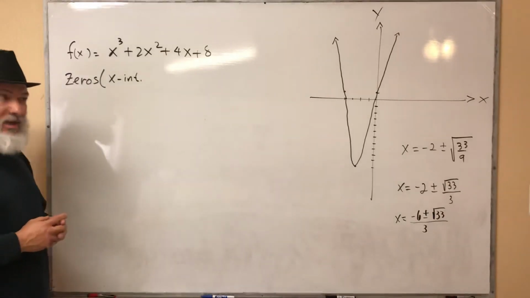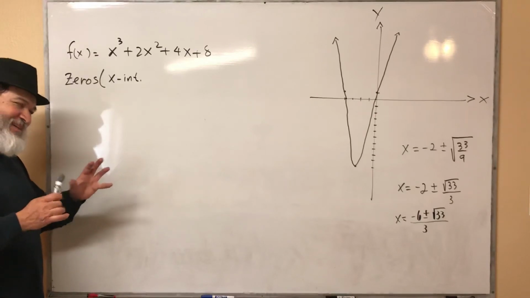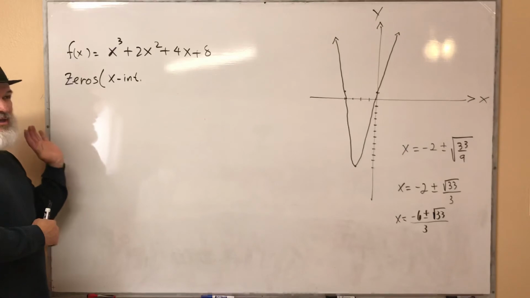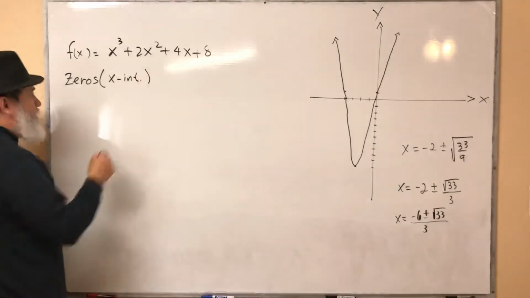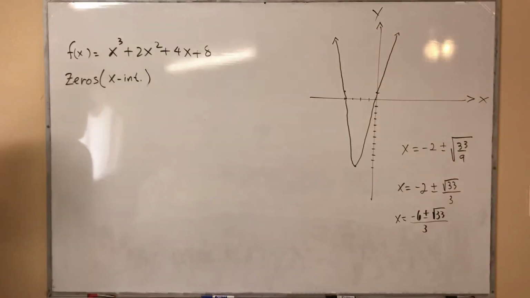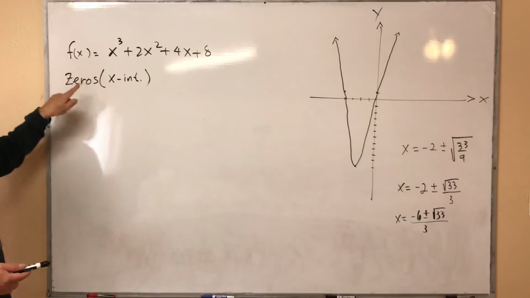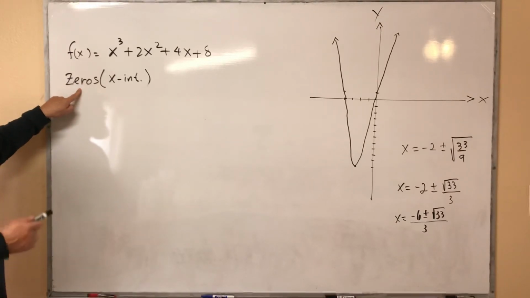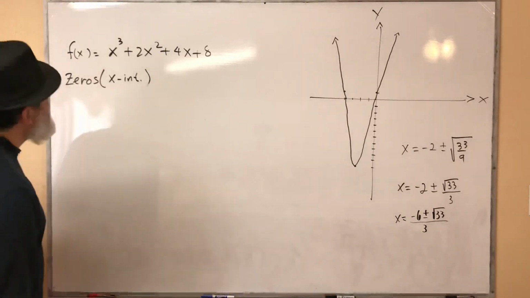That's why x-intercept doesn't include all the complex zeros. We used to call them x-intercepts, but zeros is a better name because this includes rationals, irrationals, and complex zeros.